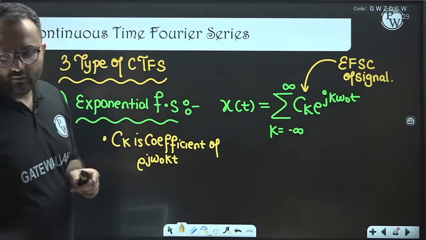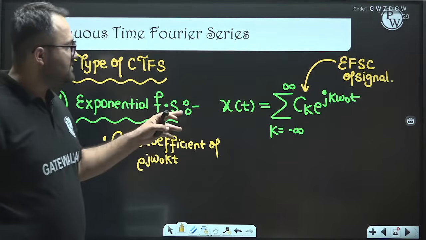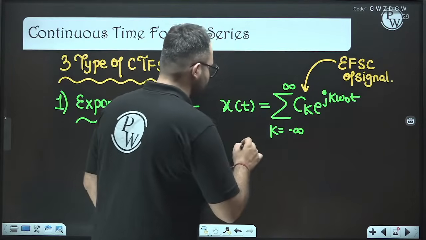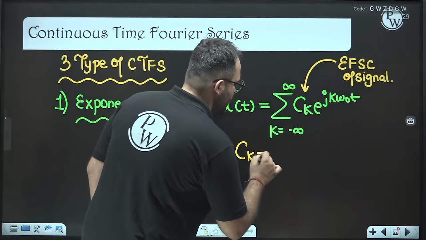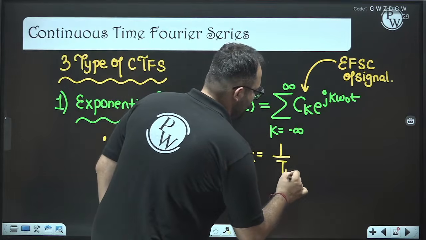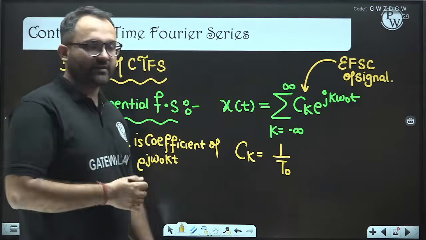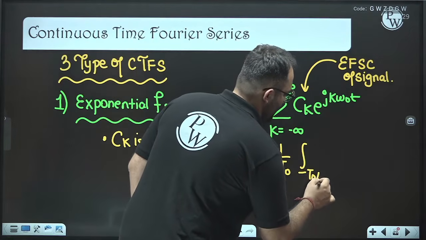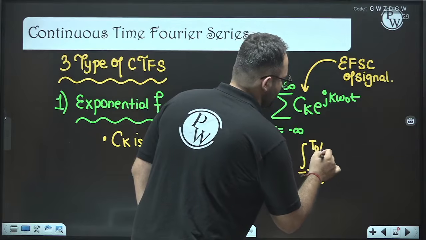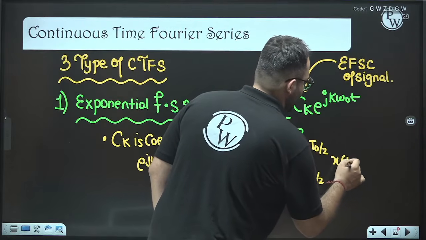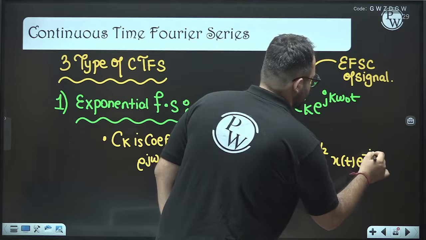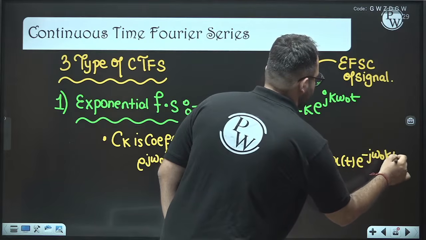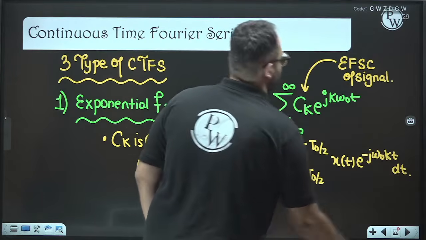Now how to find out c_k? c_k is given by 1 upon T naught, where T naught is the time period of the signal, integral from minus T naught by 2 to T naught by 2 of x(t) e to power minus j omega naught k t dt.